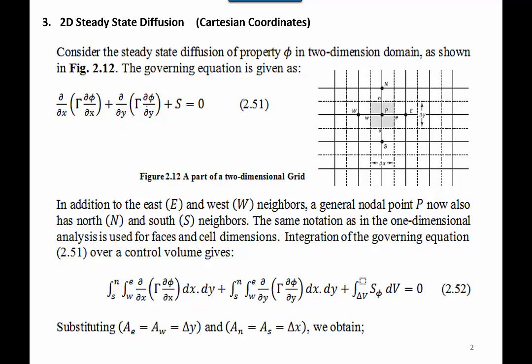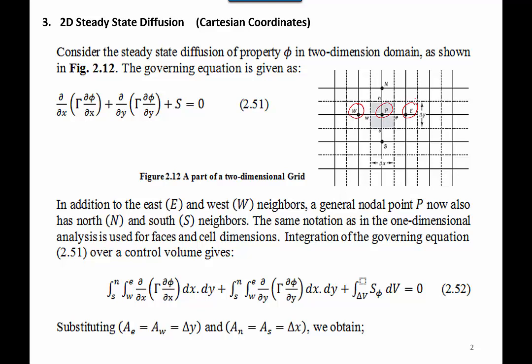For the notation of this 2-dimensional grid, we will keep the same notation as the 1-dimensional case, which is capital P, the center of our control volume and focus, big W, the center point of the control volume on the west or left side, and big E, the center of the right or east control volume.